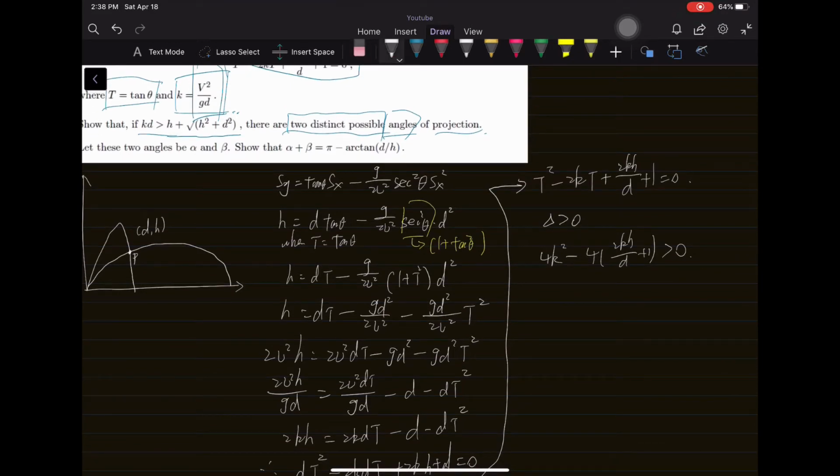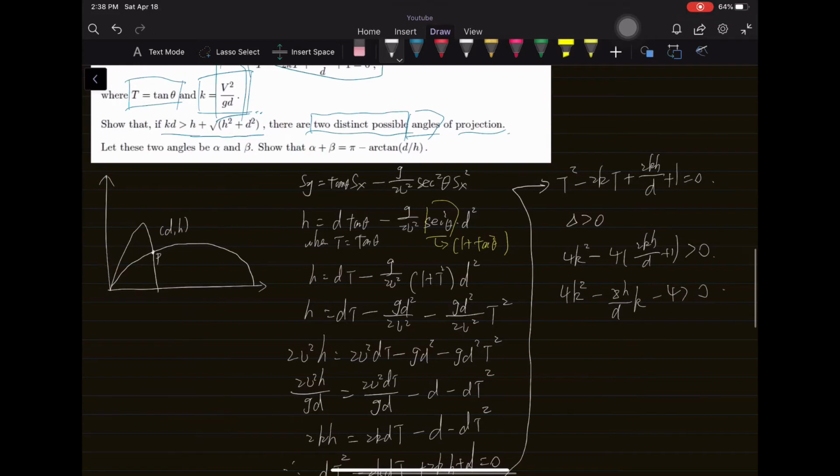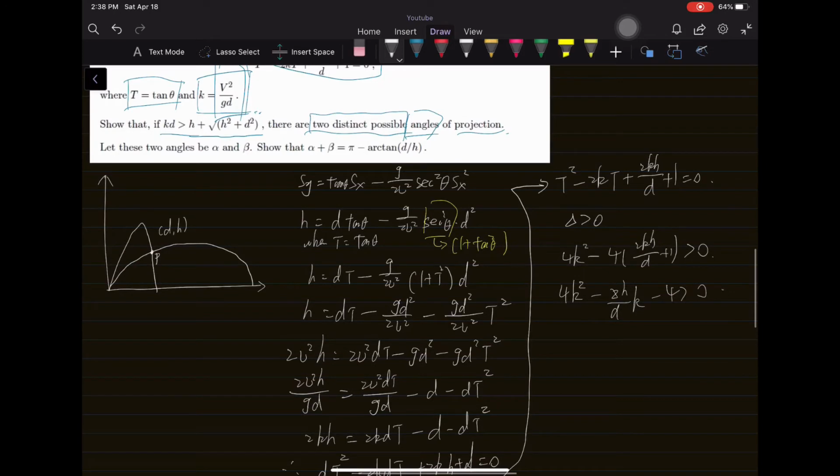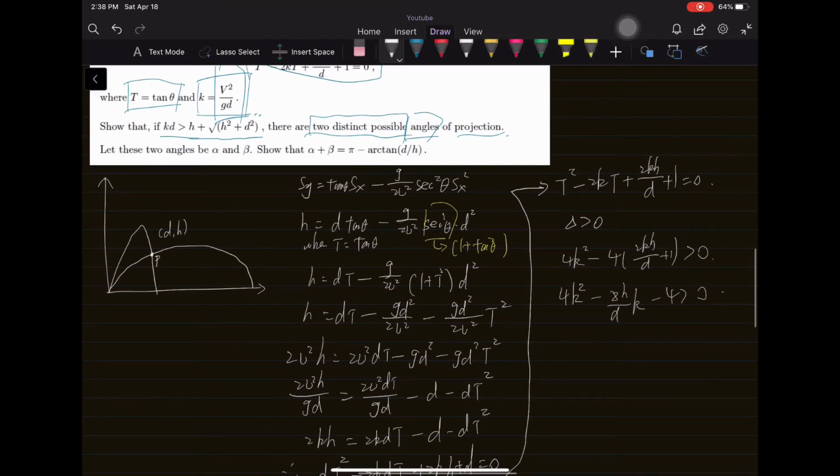Rearrange, simplify. There we go. Let's check it again. b squared minus 4ac, yes, that's right. And 8h over d times k minus 4. Yes, right.